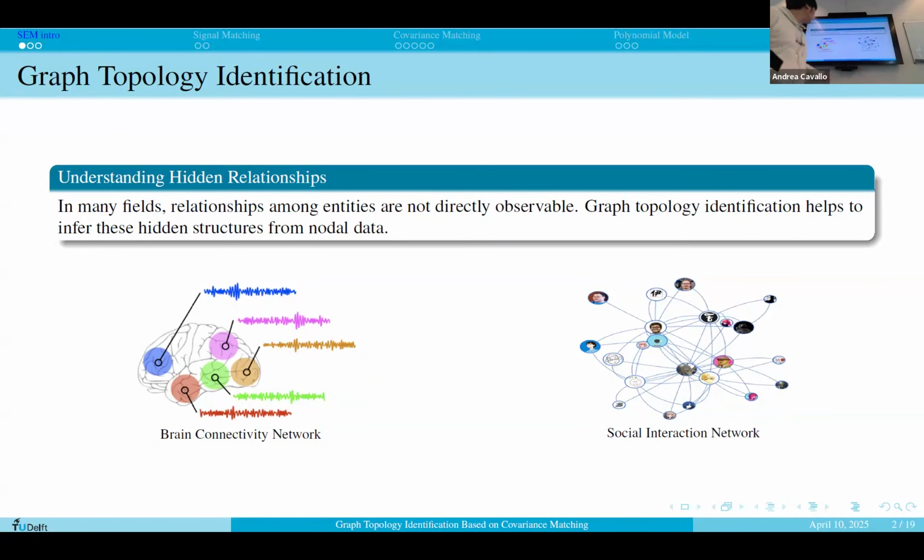Like in the brain network, we want to know how your brain functions, but all we can get is a signal from every part of your brain. And also for the social network, we want to know the relationship between the users, but what we get is some data of every user.